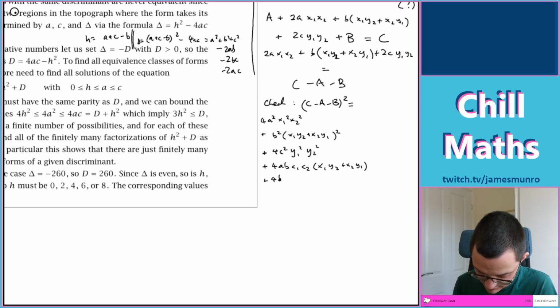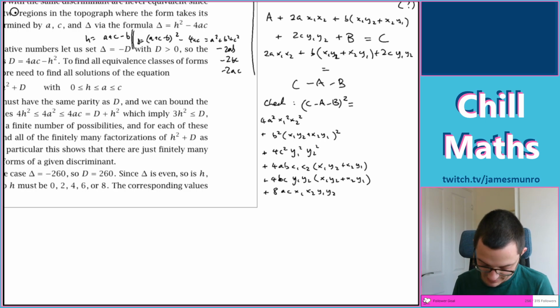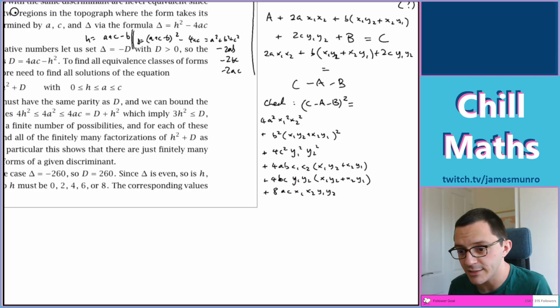Let's do that one next. y1, y1 y2, x1 y2 plus x2 y1. And you get the cross term, which has got 8 on it because it picks up both of the 2's, x1, x2, y1, y2. Oh my goodness. Those are the cross terms. 1, 2, 3 square terms, and those cross terms. Not really 9 things because I've collected like terms.